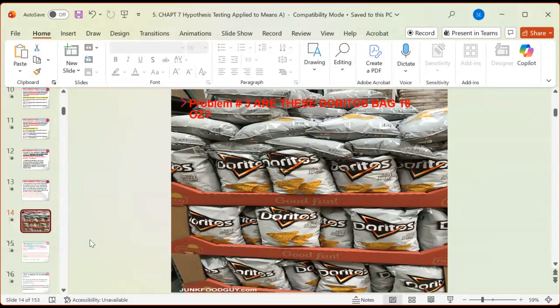For the previous example, laptops, mu will be 2 pounds, and you place it in the computer or use it in the calculation. Because we don't know the average weight of Doritos. It says 16 ounces, but are they?